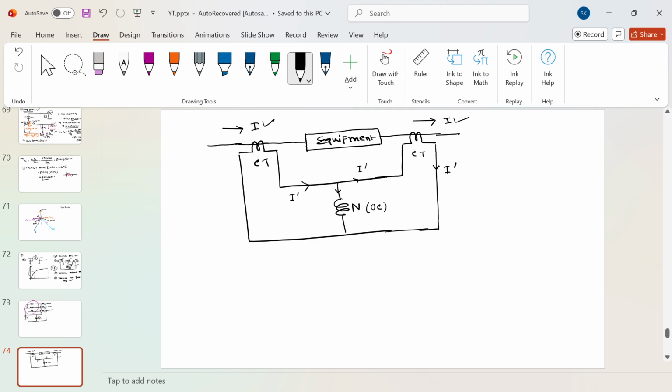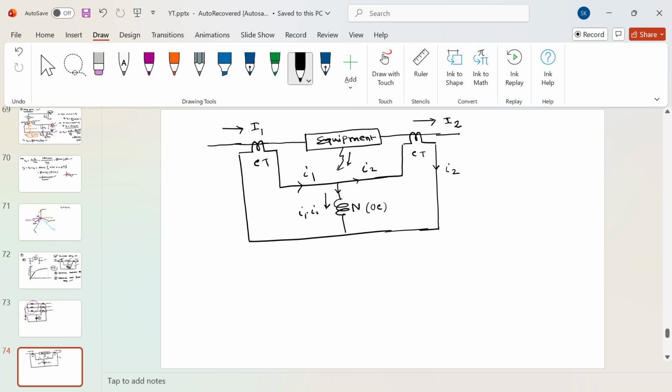But now let's say you get a fault in the equipment. The incoming current will be I1 and the outgoing current will be I2, because some of the current flows through the fault point. So you get some current I1 here and some current I2 here, and the current flowing through the operating coil is I1 minus I2.